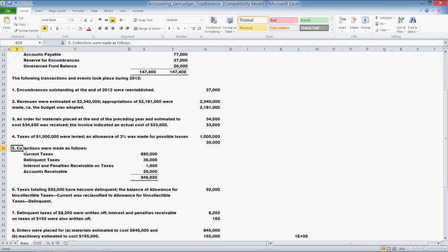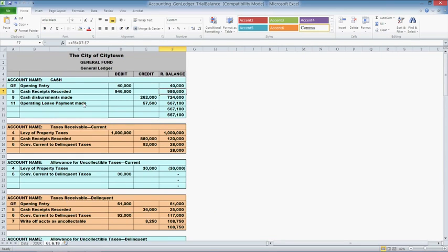Okay, collections were made as follows: current taxes 880,000, delinquent taxes, interest and penalties, accounts receivable, and we sum all that up and we get 946,000. We go to our trial balance and we have $946,000 for cash receipts recorded, and that's the first item that occurs in our cash account.